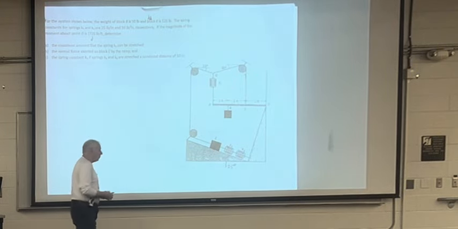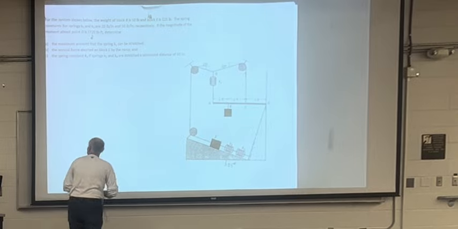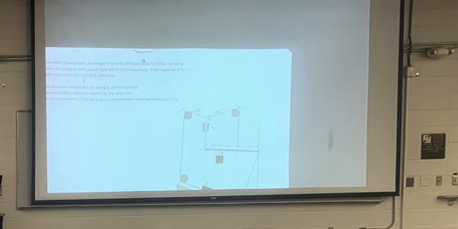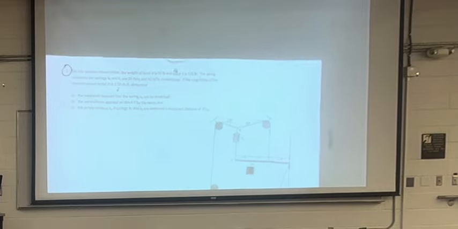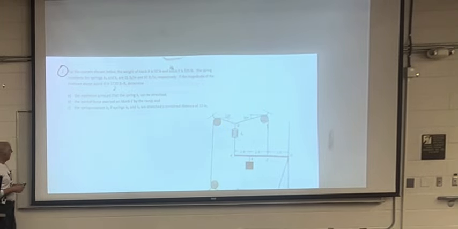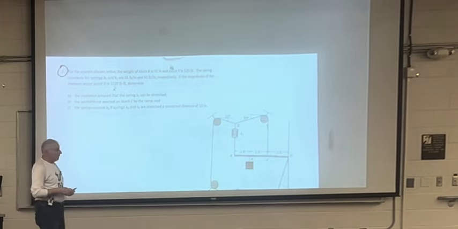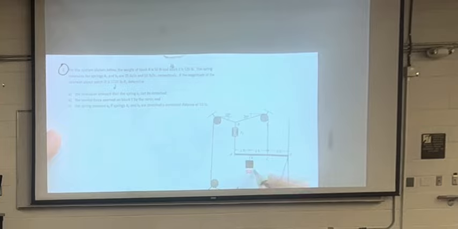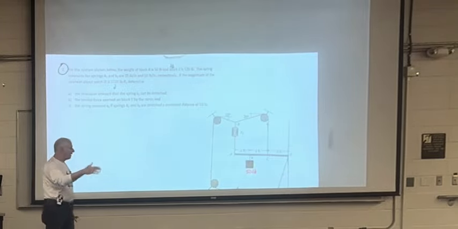Now the question is, what did it give me? What kind of information do I have? Well, it says, for the system shown below, the weight of block B is 50 pounds. My suggestion to you is you go in here and put the actual number associated with whatever you're looking at.